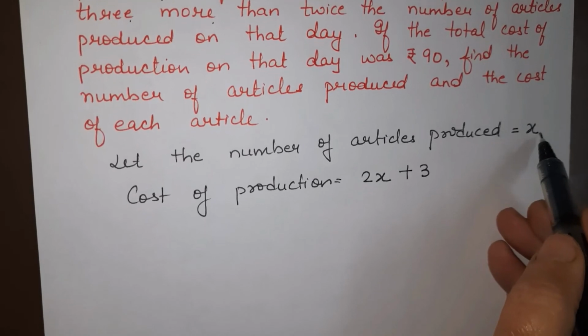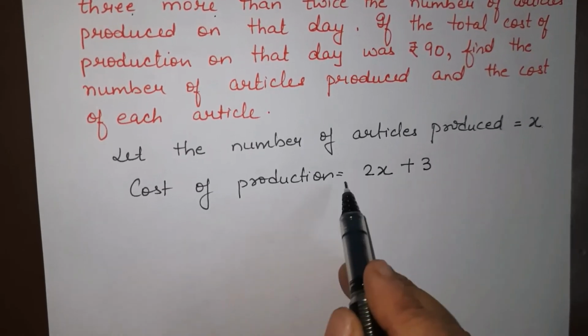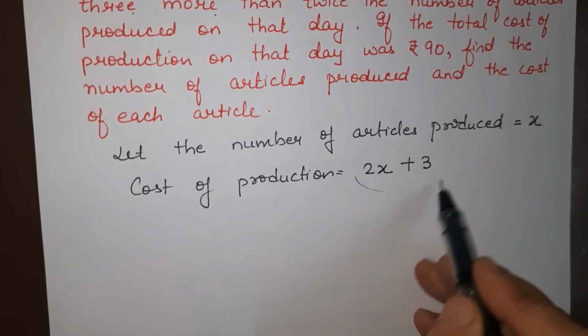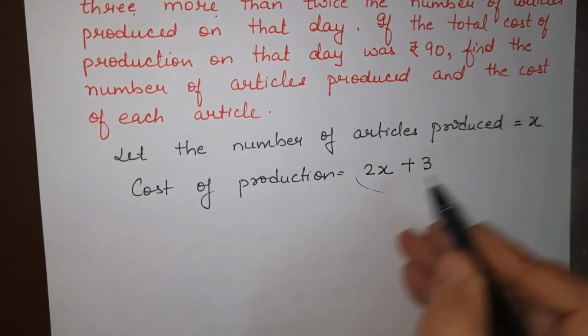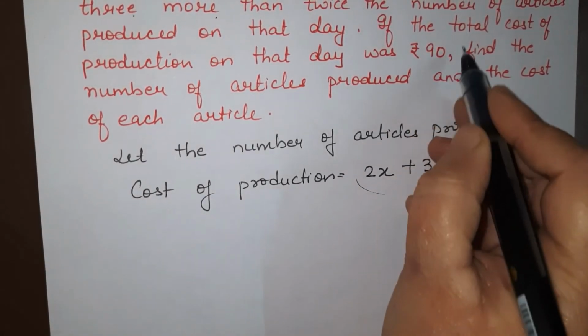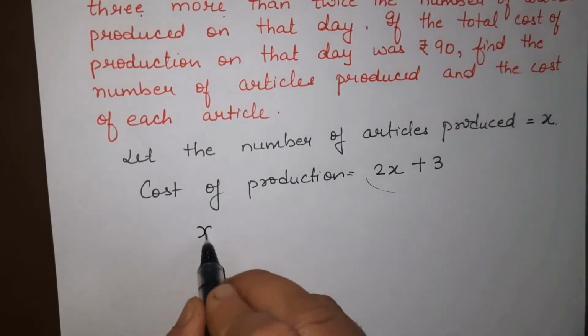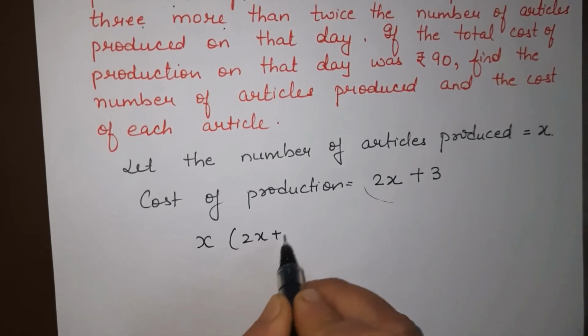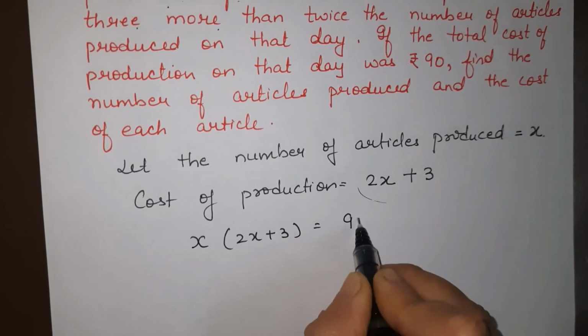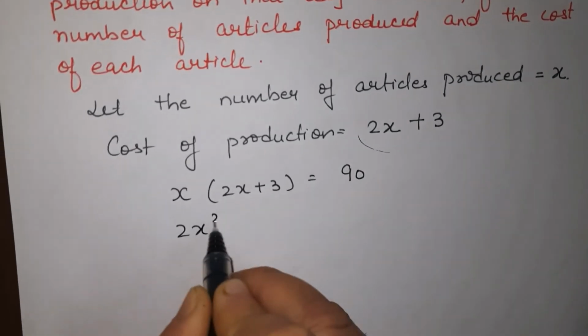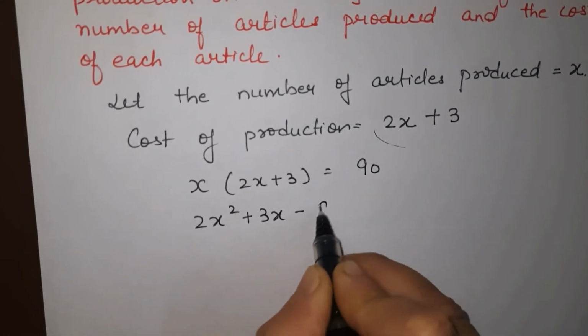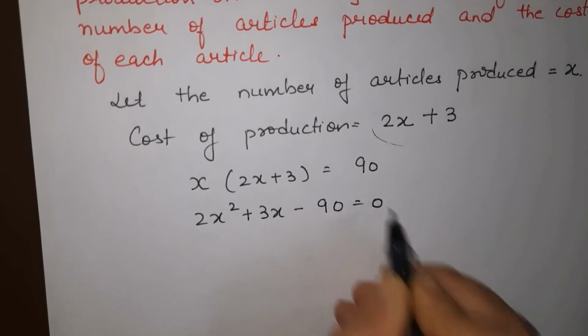Now this is the number of articles produced and this is the cost of production of each article. So when they are multiplied, we will get the total cost of production on that day. That is x multiplied by 2x plus 3 will be 90. So 2x square plus 3x minus 90 equals to 0.